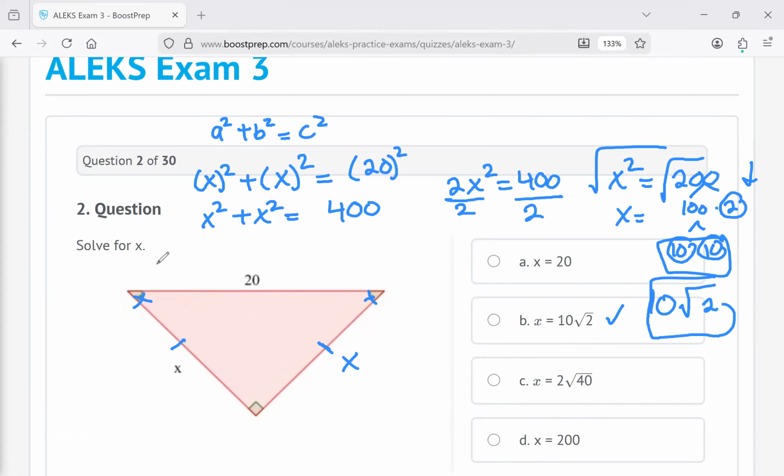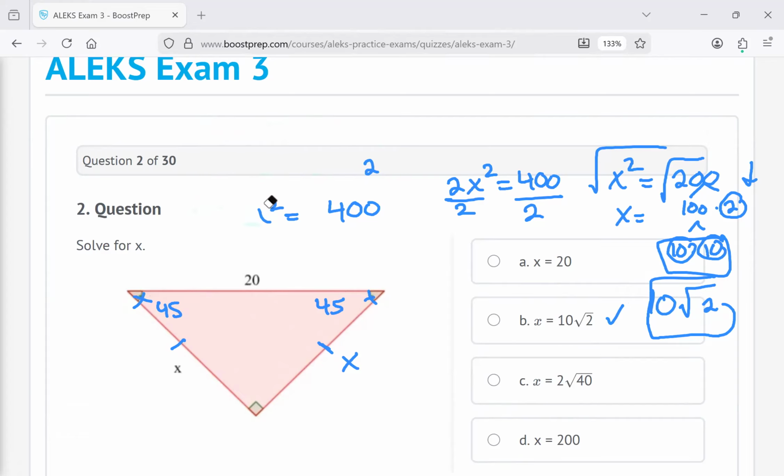The other way is you could use a 45, 45, 90 right triangle. And how do I know these are 45? Well, if these two angles are congruent and this is a 90, this has to be 45 and 45, right? So you technically can use the 45, 45 triangle rule. That's another way.